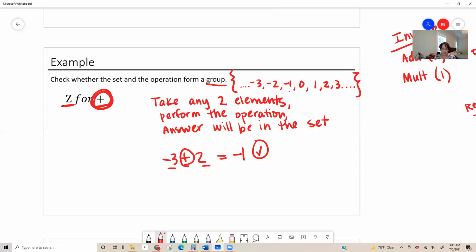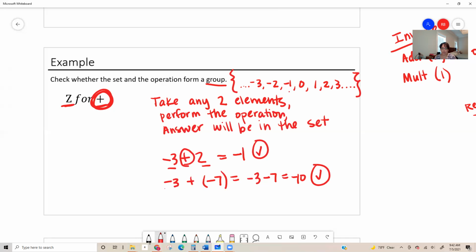Now, I usually like to take two negative numbers, so I'm going to say -3 plus -7. That's the same thing as -3 minus 7, which is -10. Now, is -10 also an integer? Yes, it is, because it's one of the negative counting numbers, okay?